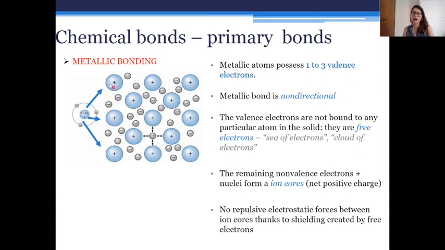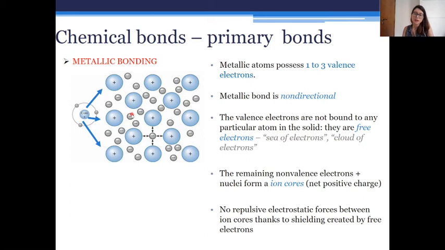We call these the ion cores. Between them we have these free valence electrons, which create a sea or cloud of electrons that fluctuate around the ion cores.